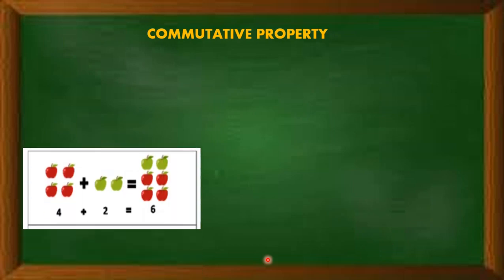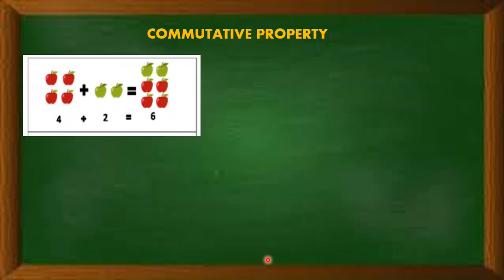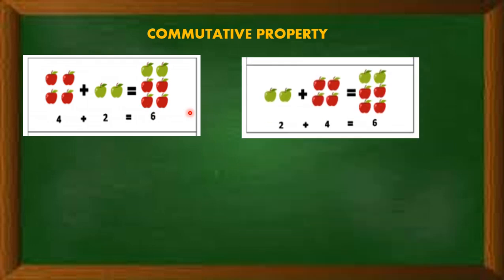Commutative property. Let's observe this picture: 4 red apples and 2 green apples. Total number of apples is 6. Now let's have a look at another image: 2 green apples and 4 red apples added give 6 apples in total.